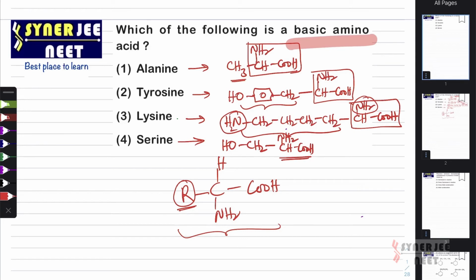So here, overall in the 4 compounds, only lysine has 2 NH2 groups and 1 COOH group, whereas the rest all have only 1 NH2 group. Therefore, this is called a basic amino acid.